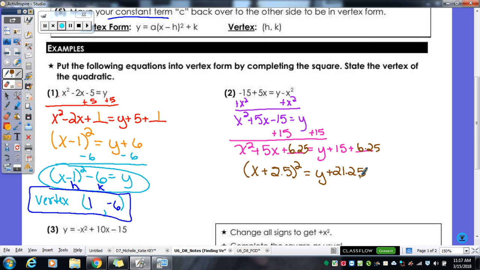And then what do we do with our 21.25? Subtract that back over. So x plus 2.5 squared minus 21.25 equals y. There's our vertex form.